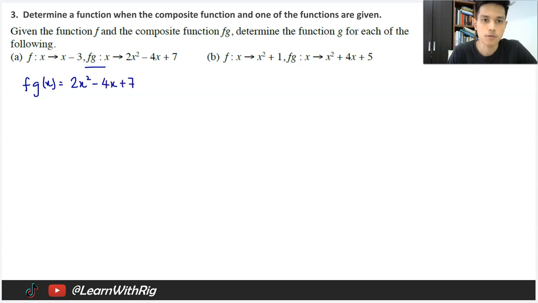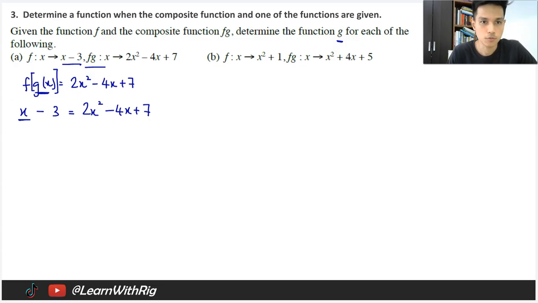So what did I tell you? fg(x) represents, the object is now g(x). You're going to substitute g(x) into f. But now the question is, they didn't give you what is g. They expect you to find g(x), but they gave you the value of f(x). The equation is x minus 3. So it's going to be x minus 3 equal to 2x squared minus 4x plus 7. But the difference is, you're not substituting x, you're substituting what? g(x).